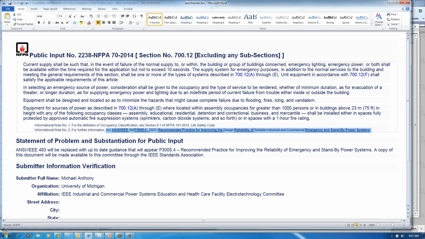But you will have a baseline for the way it is now, and then you'll say, well, if I put in a second utility feed, how much better will it get? Through the use of PRA techniques such as fault tree analysis, we can help quantify that sort of thing.